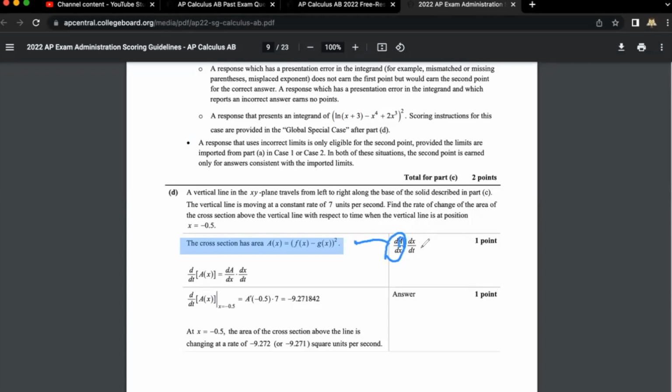And then with respect to time, we now have time as our equation. So find the first derivative, plug in that value. Then it gets multiplied by that 7, which is the units per second, because now we can change it from units to the seconds. And that gives us the final value, and the cross-section of our line is moving at that many square units per second.